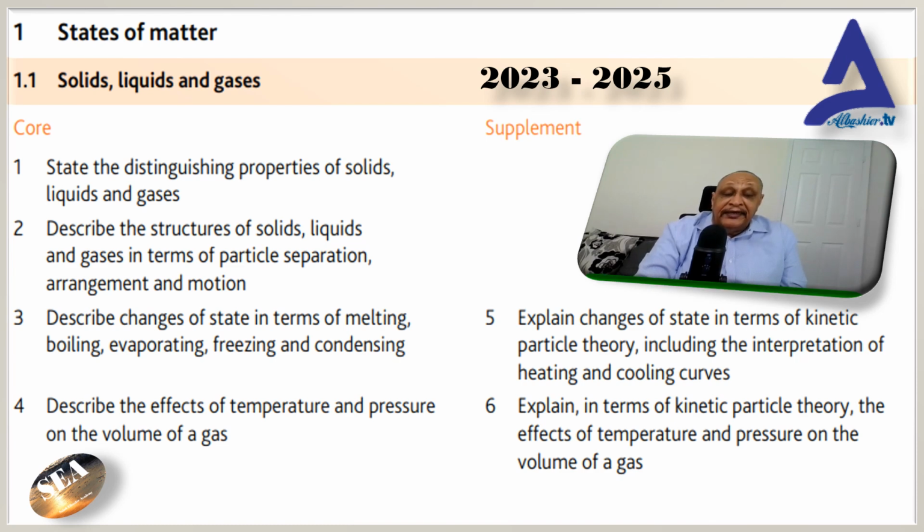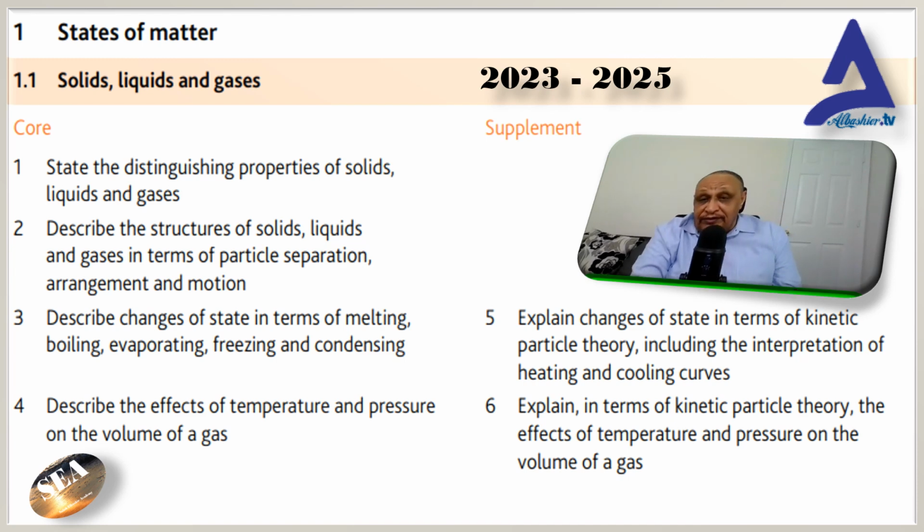Third, describe change of state in terms of melting, boiling, evaporating, freezing, and condensing. Fourth, describe the effect of temperature and pressure on the volume of a gas. Those are the main 4 topics for core students.